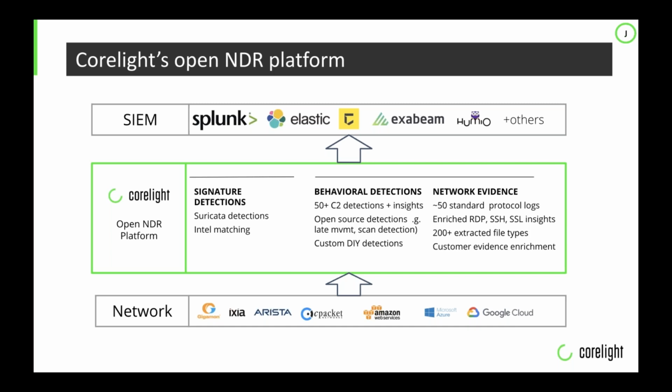We recognize that people like to switch SIEMs, people like to have two SIEMs for different use cases. People's needs change over time, and we want to be delivering the insight to the data lakes best suited for our customers. And so that's the last key element of openness in our platform: we're deeply committed to being a very flexible solution in terms of ingest and export of our insight and data.